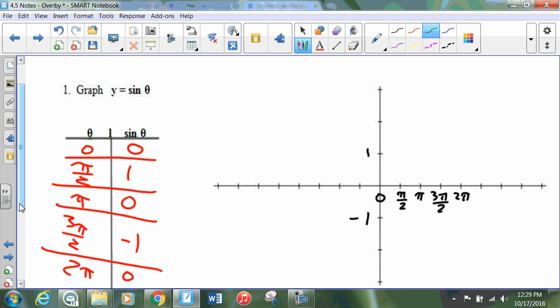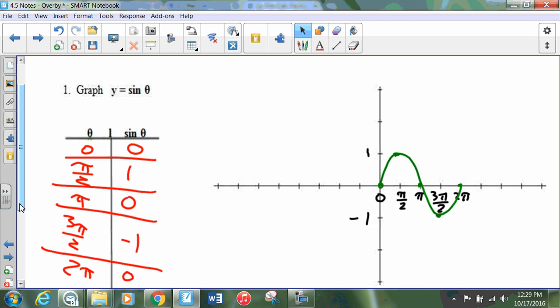Okay. So here we go. 0 is 0. Pi over 2 is 1. Pi is 0. 3 pi over 2 is -1, and 2 pi is 0. And we're going to have that same curve to it. So sine and cosine look a lot alike, except cosine starts at 1 when theta is 0, and sine starts at 0. And the way we're going to remember that is, of course, sine starts at 0.